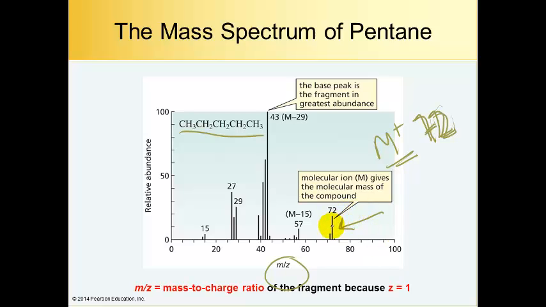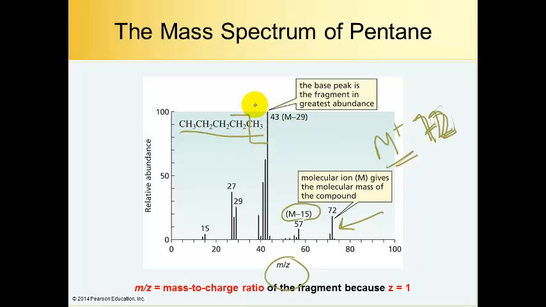For example, if we have the molecular ion minus 15, that would be a methyl group, this Z-like cut in our molecule. So if we draw where the cleavage happens, where the break happens in the molecule, it'd be like that.